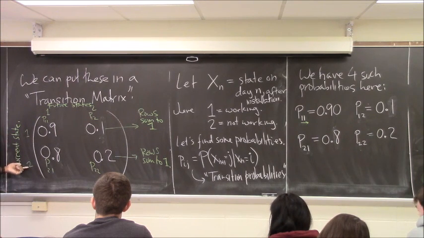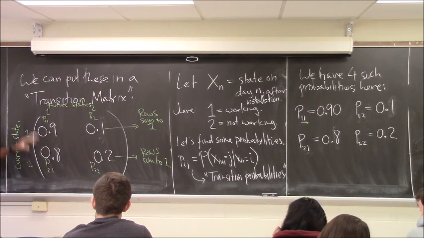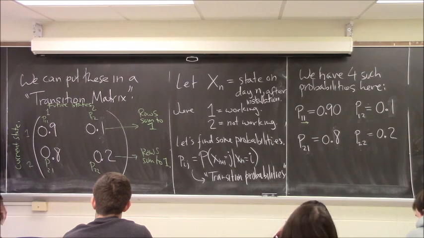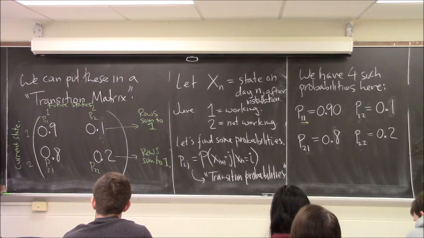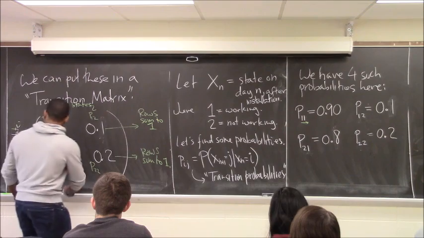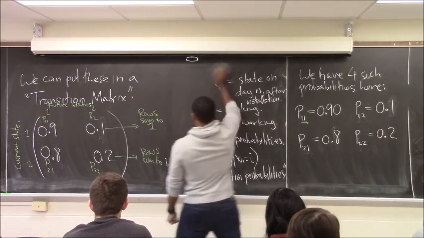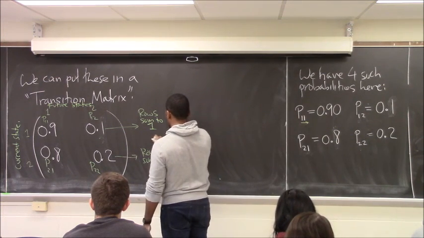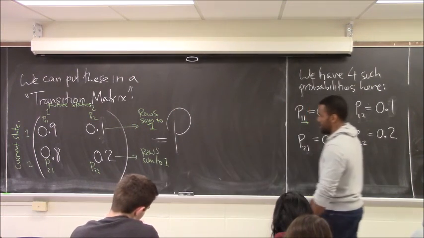If I'm in state 2 and I remain in state 2, there's a 20% chance of that. So I can literally write down this matrix and it represents the transition probabilities. I believe your book calls this big P, or the transition matrix.